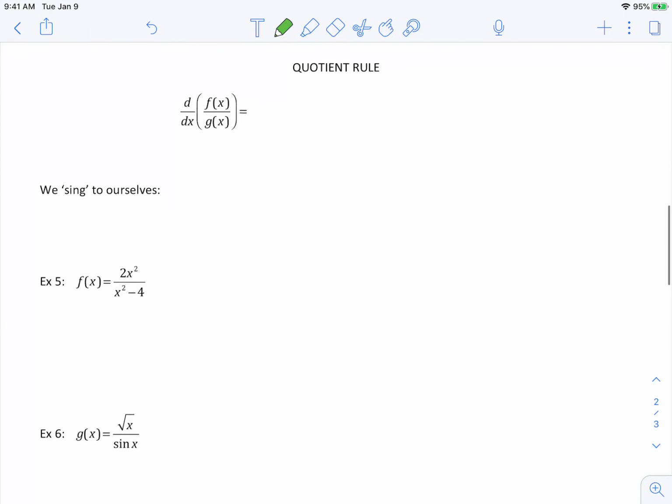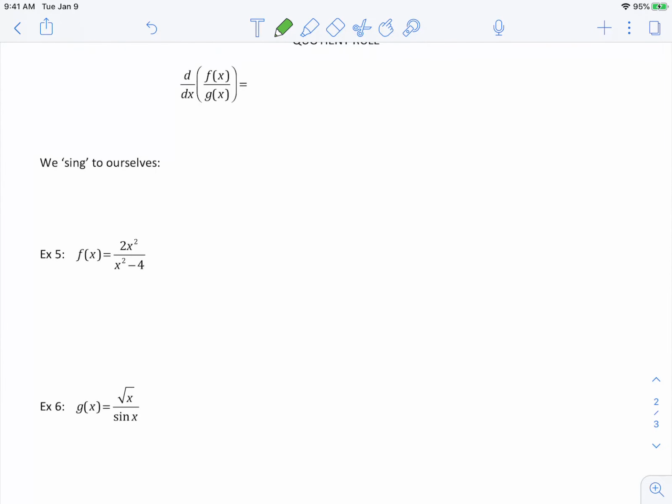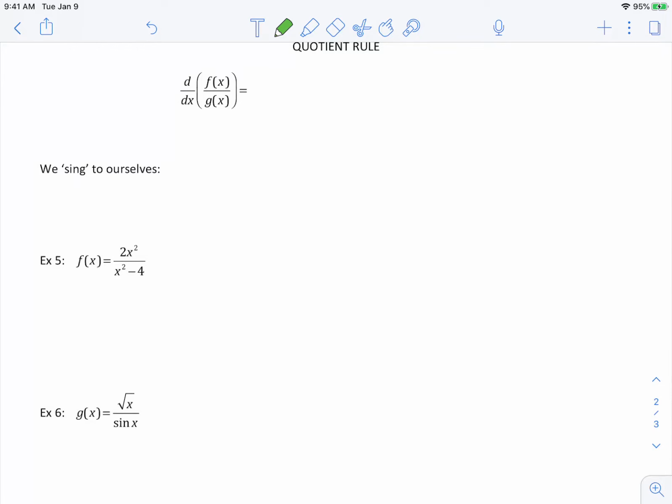Okay, so the quotient rule looks like this. It's a little bit more involved, but it is the lower function, g of x, times the derivative of the higher function minus the higher function, which is f of x, times the derivative of the lower function, all over the lower function squared.